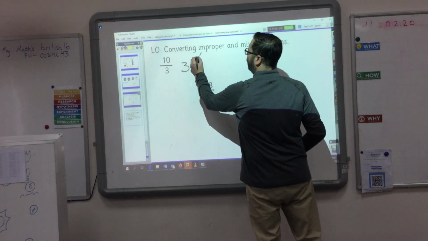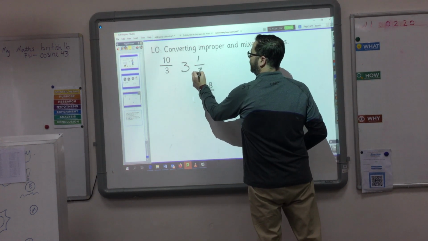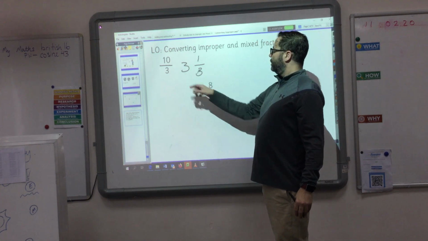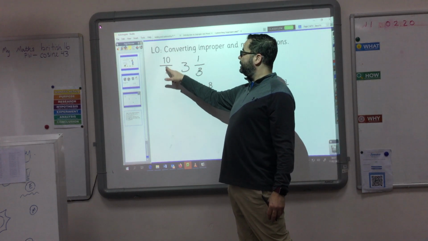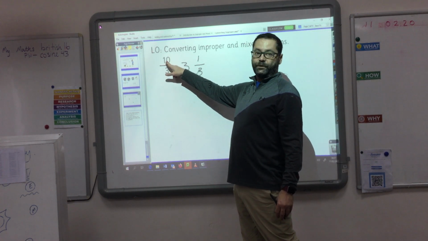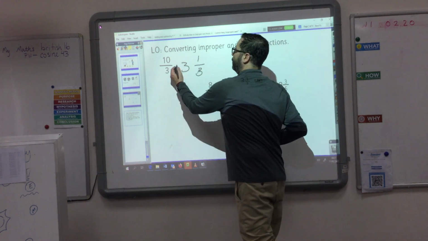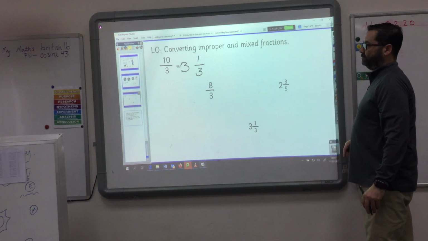So there is 1 left over out of 3. Okay? So there are 3 whole 3's in the number 10, which is 9, with 1 left over. So 10/3 is the same as 3 and 1/3.